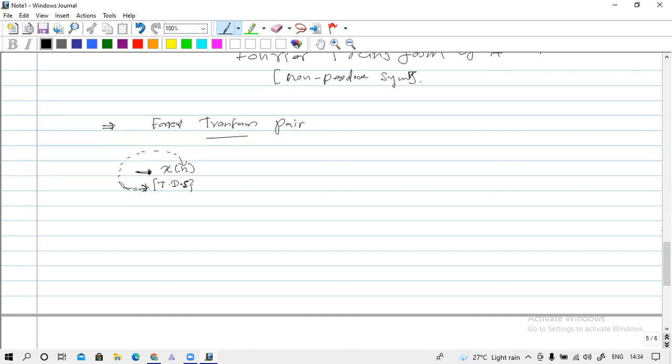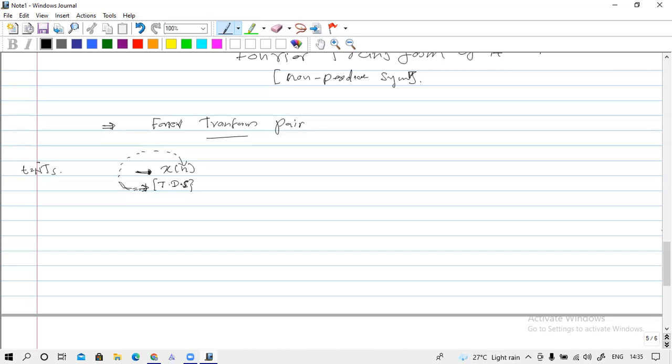Because this n is always mapped with t, no? Can you remember? This n is always mapped with t. You know that t is equal to nTs.